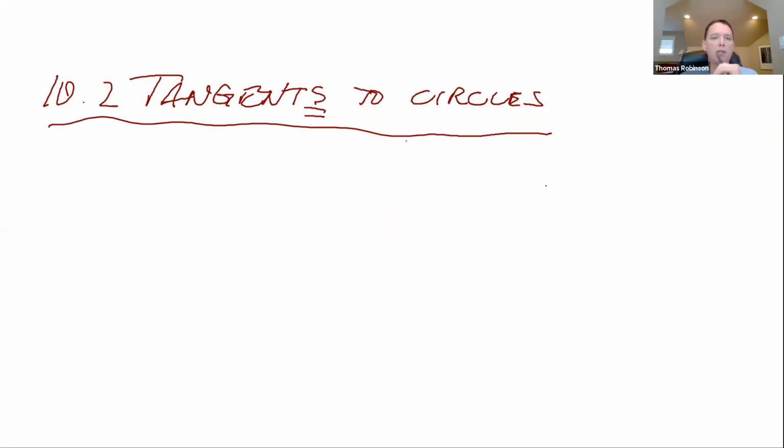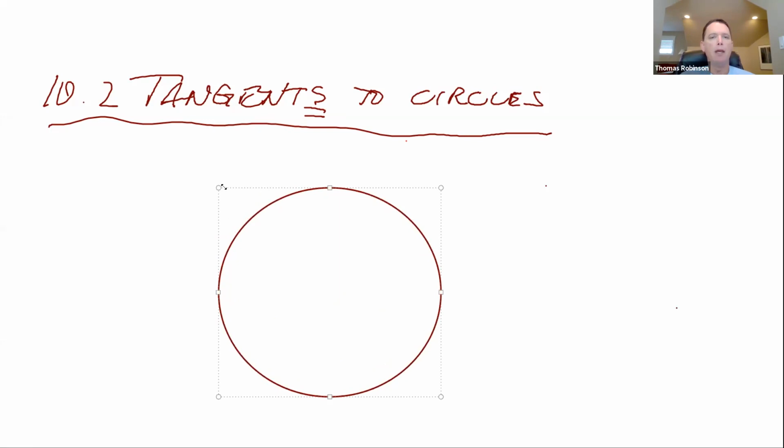What I want you to do is draw a circle, and we're going to do something a little bit different though. Let me first of all draw a circle as best I can. We'll go ahead and put a center here. Now we're going to draw a line that touches the circle in only one point.